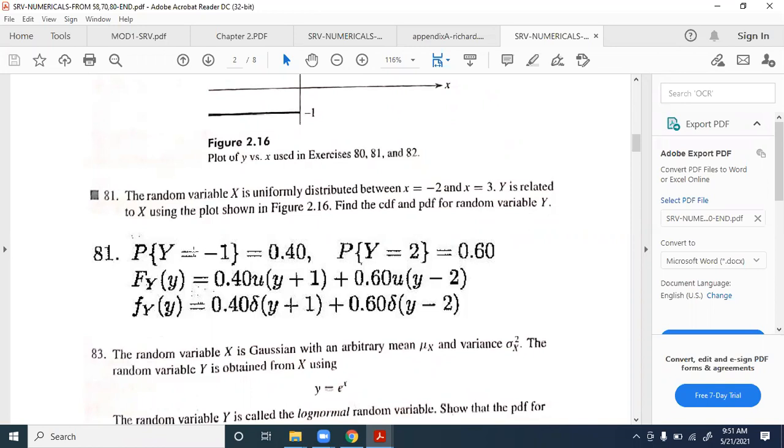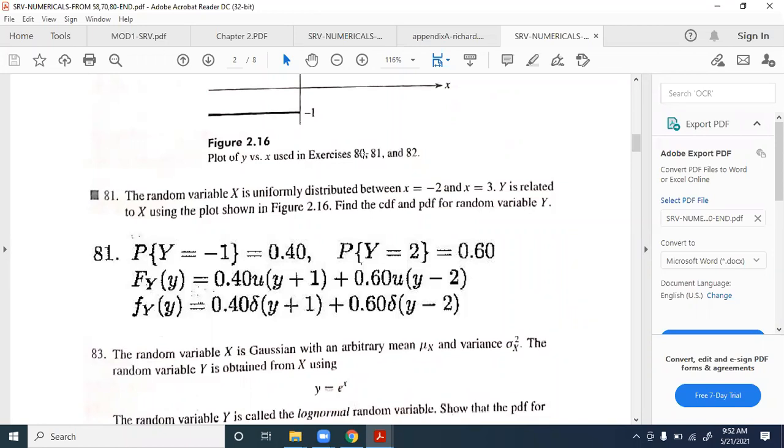So this will be the area. And for y equal to -1 and y equal to 2, the values we get can be found out directly from the area, from -2 to +3.